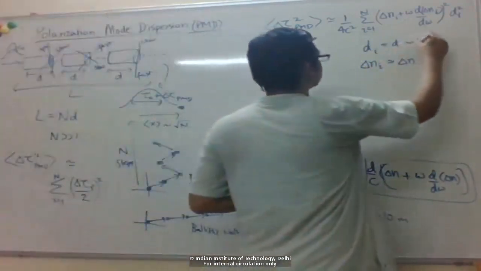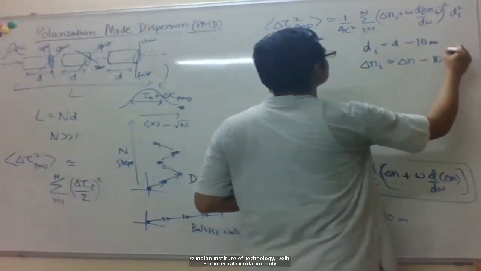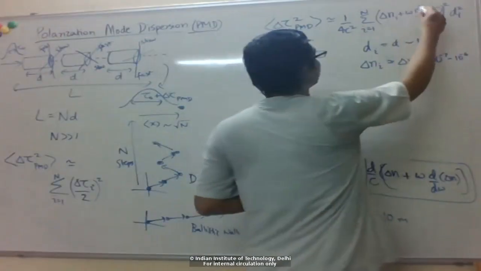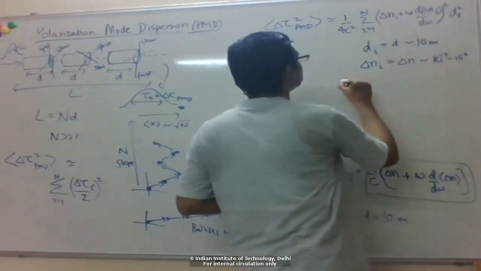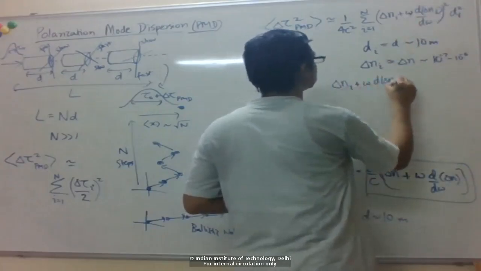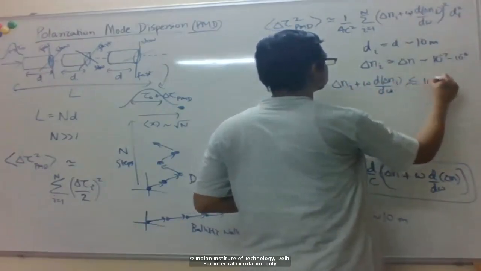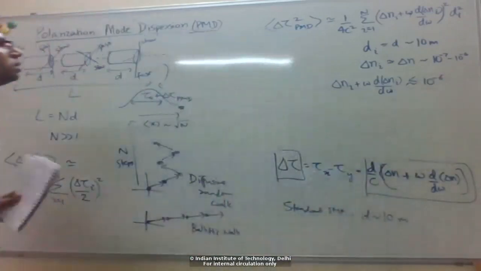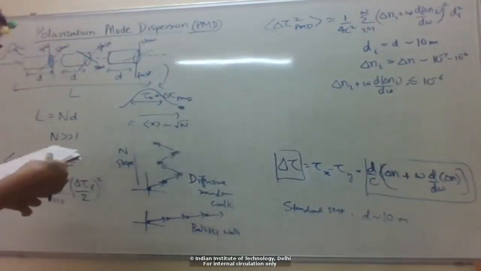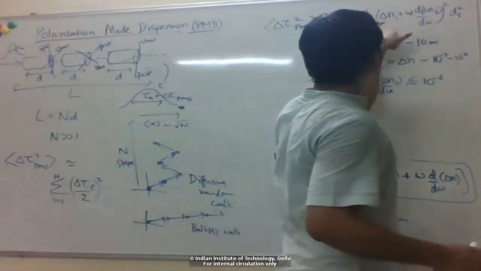As I said, d is about 10 meters per single mode fiber. Delta n is about 10 to the minus 7 to 10 to the minus 6 in that range. When we add up this group part also, the derivative, this is typically about 10 to the minus 6 or less. So basically these are just constants now, and we have n of them. So we just have n times this constant.